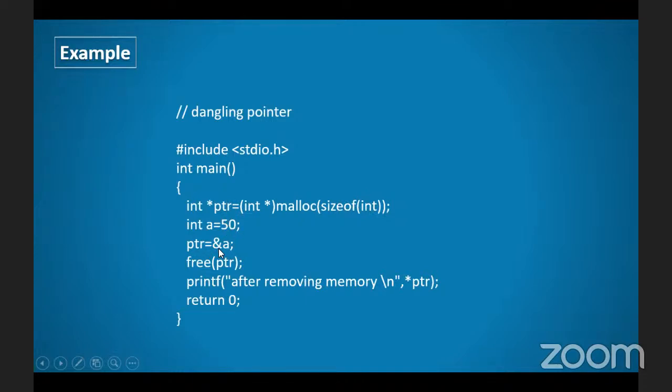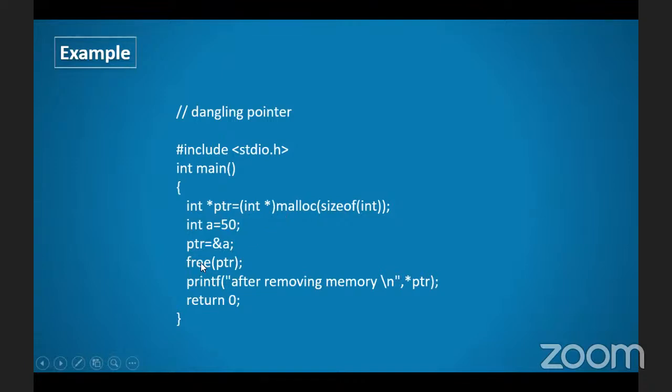That means PTR is storing the address of the value 50. Now if I print the value of PTR, what is the output? 50. But now I have removed it by using free of pointer. How can we remove a memory which is already created?